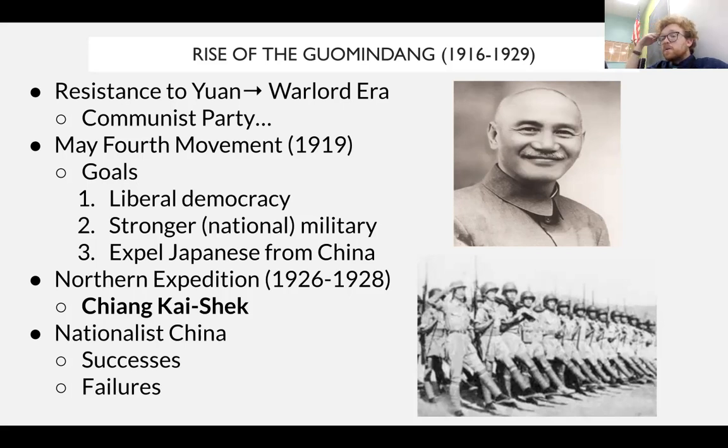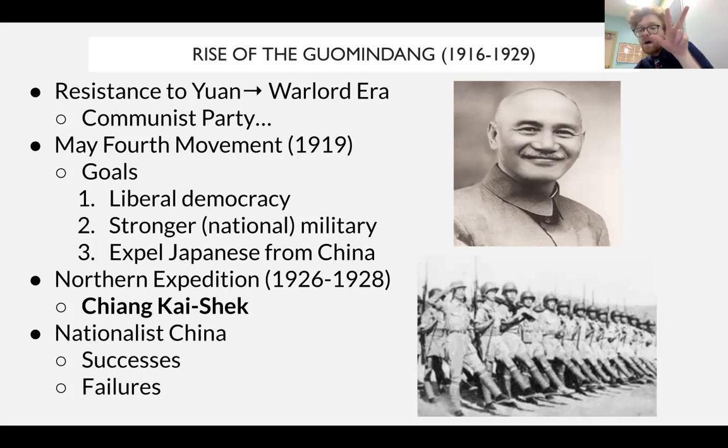And we are going to see political unification largely through the Northern Expedition. The Guomindang Party is going to lead a military expedition to unify China under one rule, under the Nationalist Party. And in the Guomindang Party, we are going to see a split emerge between three different factions, between the left, the moderates, and the right.